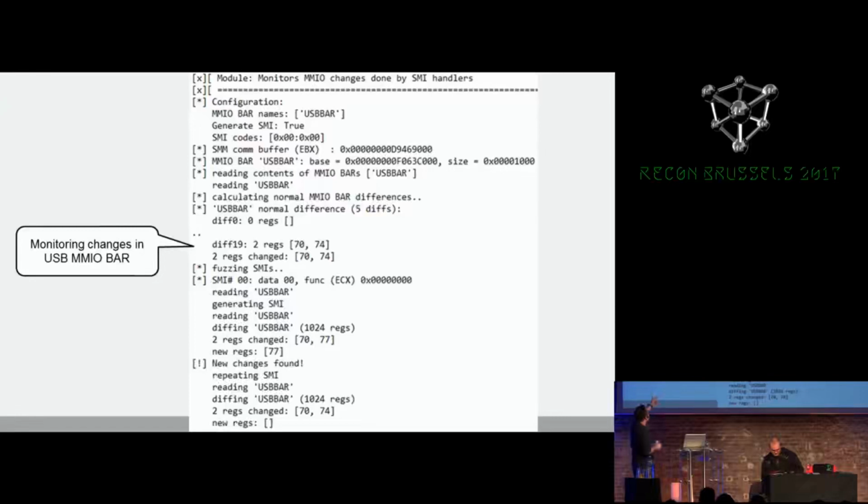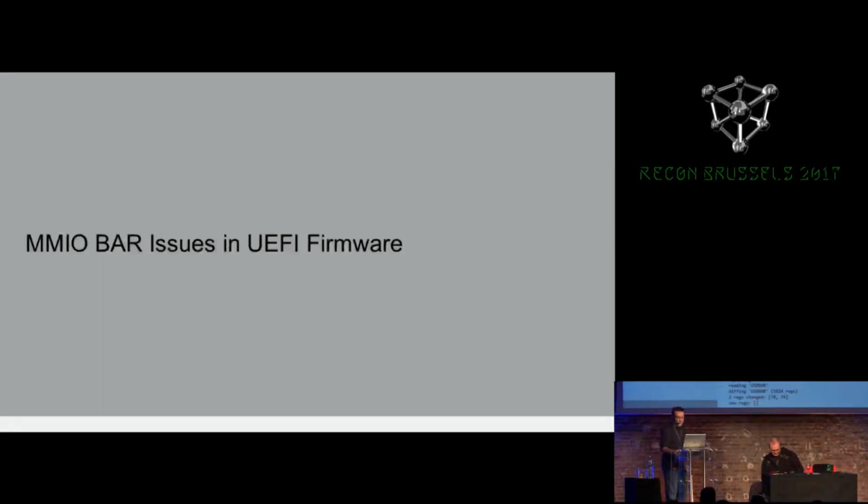Then it triggered multiple SMIs, and on the first SMI, it found that 1 additional register changed, so it re-triggered that SMI again, and that register didn't change. It also can be a false negative as well, because the SMI handler might be flipping a bit, flipping it back, and so on. But this is a suspect to investigate later.